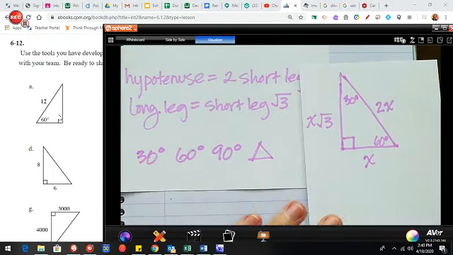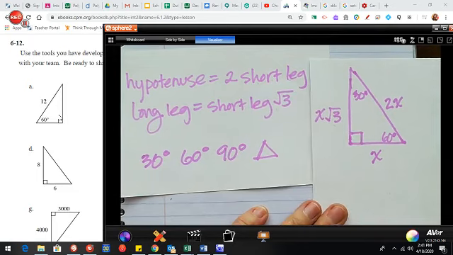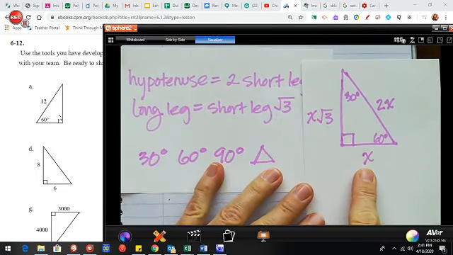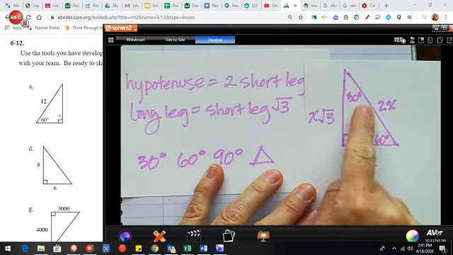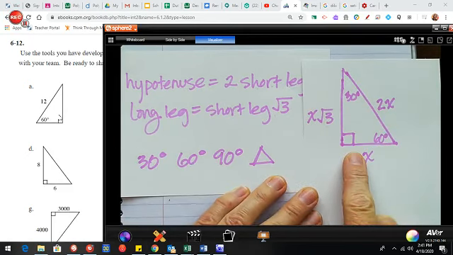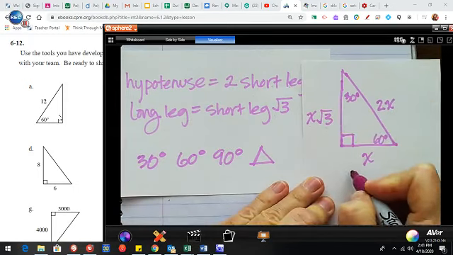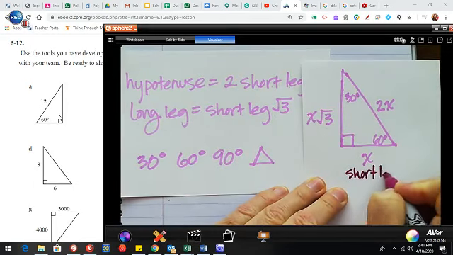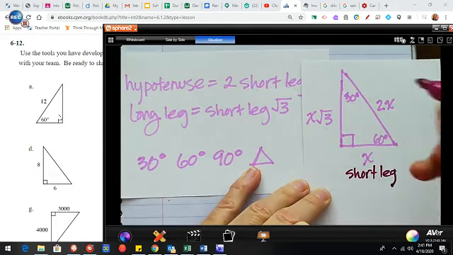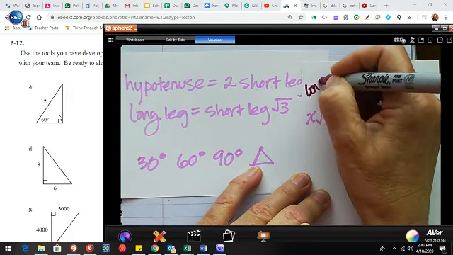So for example, in this picture, remember you have a hypotenuse across from the right angle, you have two legs, and the one that's across from 30 degrees is your short leg, and then this is called your longer leg.